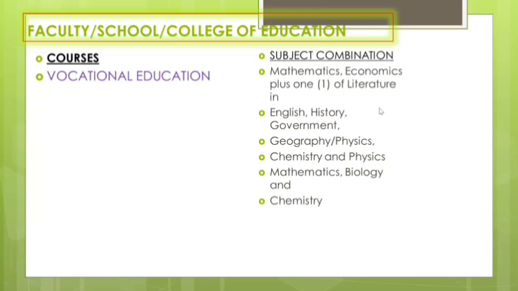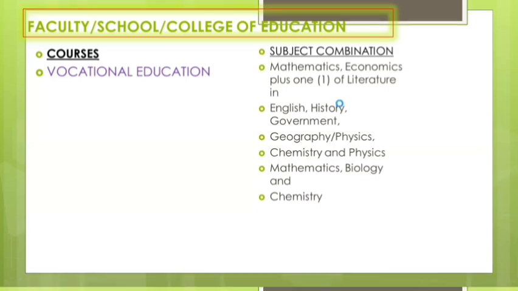For candidates applying for vocational education, you are to sit for mathematics, economics, plus one of literature in English, history, government, geography or physics, chemistry and physics, mathematics, biology, and chemistry. You have to pick any three subjects in addition to mathematics and economics.